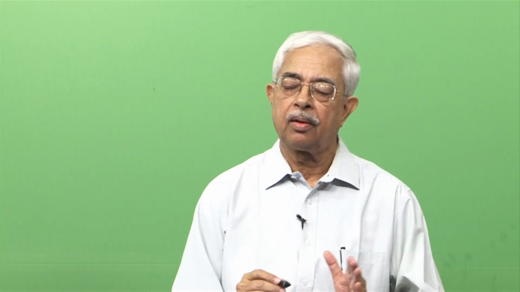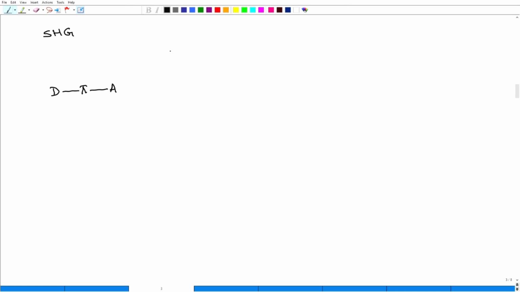Now I will discuss one very important use of second order optical nonlinearity, that is SHG. That is why I have written it here, so that I do not forget today. SHG stands for second harmonic generation.